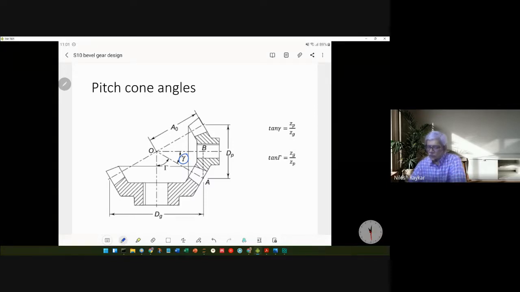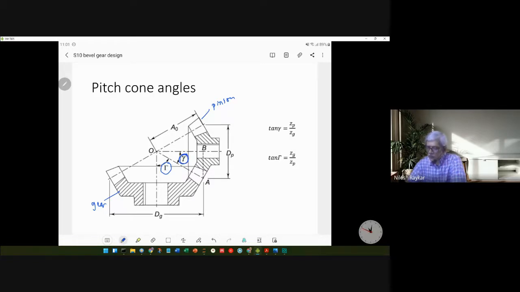So for this particular configuration, the pitch cone angles of the pinion, the smaller one is the pinion and the larger one is the gear. The pitch cone angle symbol is capital gamma, and this is the small gamma.